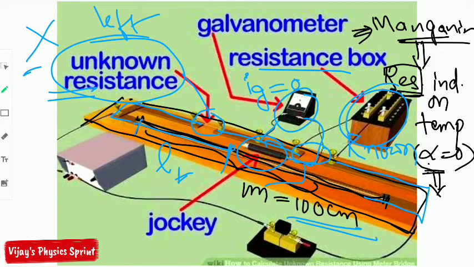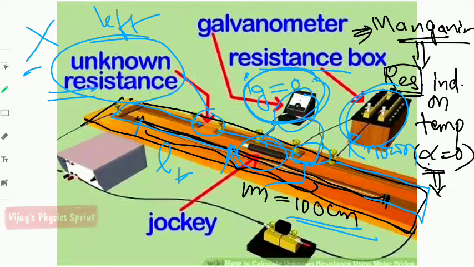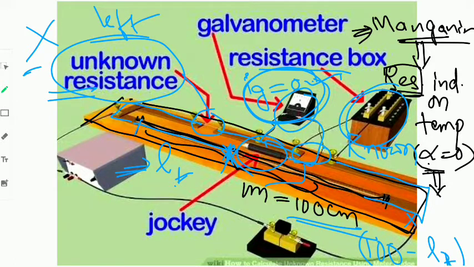For example, at this point the current through the galvanometer is 0, so the balanced condition is achieved. The corresponding point is the null point, the length is the balanced length L1, and the remaining length becomes 100 minus L1. This is the value of L2.